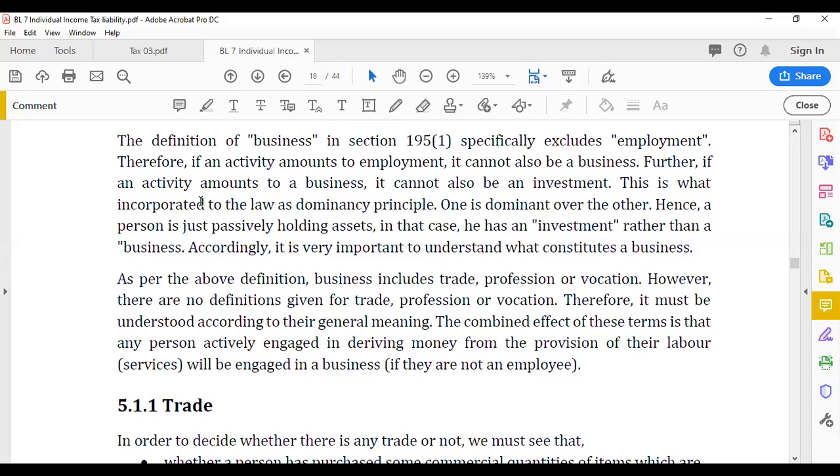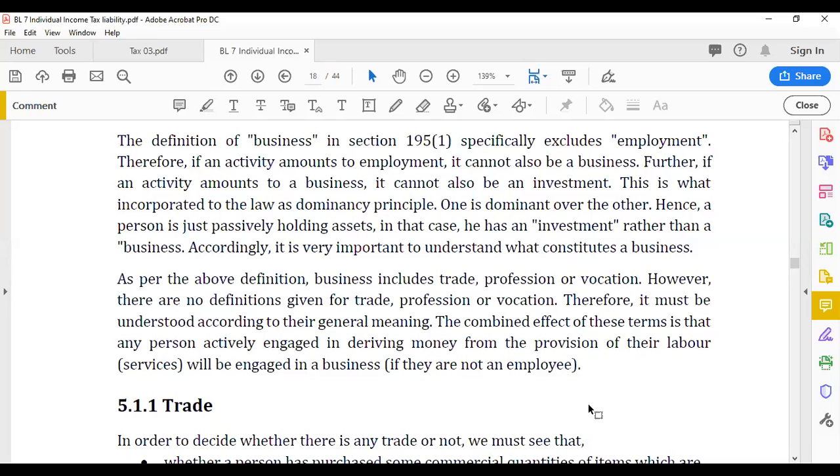After that period, he sells the land and gets a profit. Is that business or investment? Confusion, no? It's not taken frequently, right?